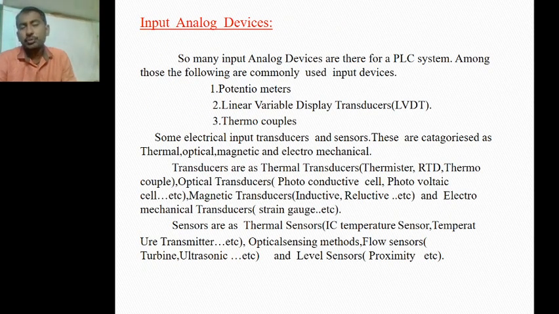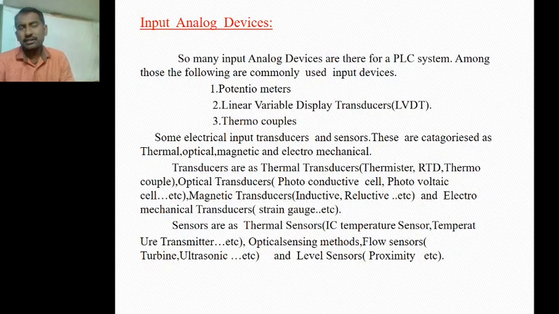And next, input analog devices. There are many input analog devices. Among those, the most commonly used are potentiometers, LVDTs, and thermocouples. These all come under the category of transducers. First of all, what is the meaning of a transducer? A transducer is a device which transfers a non-electrical quantity into an electrical quantity.